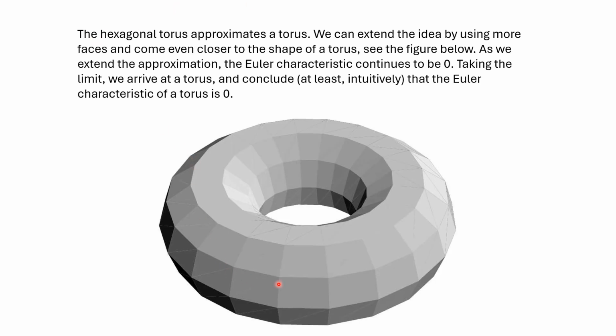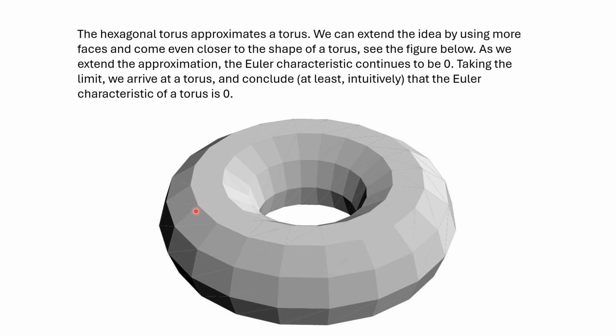The figure shown here is called a hexagonal torus, and if we took the number of vertices minus the number of edges plus the number of faces, I realize it's a bit hard to count, but take my word for it, you'll get 0 again, similar to the previous slide. So this is basically an approximation of a torus.